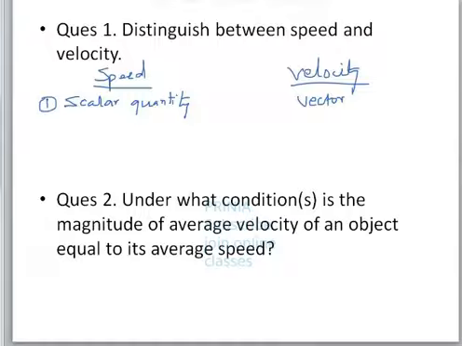Second, speed is the distance traveled by an object in a unit time, so it is distance traveled per unit time, whereas velocity is the speed of an object moving along a definite path.